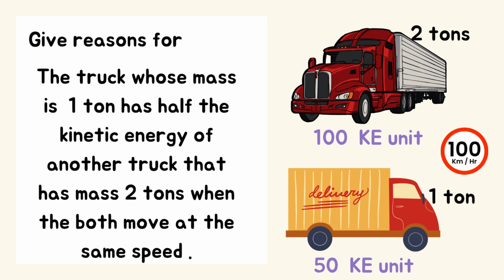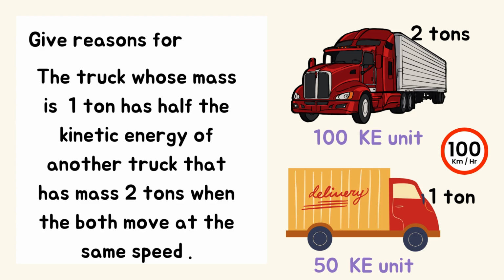We will notice that the large truck, with a mass of 2 tons, has twice the kinetic energy of the small truck. If we need numbers, the large truck has 100 units of kinetic energy and the other has 50.